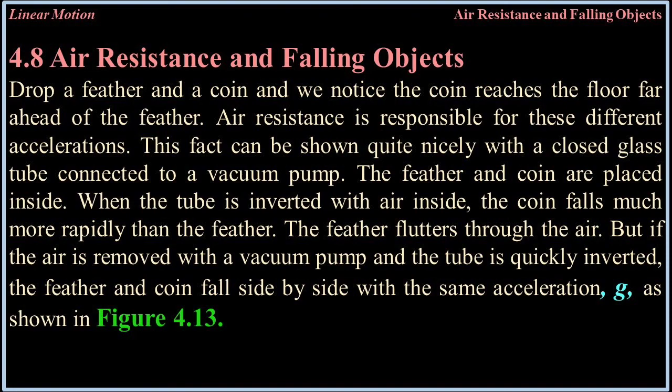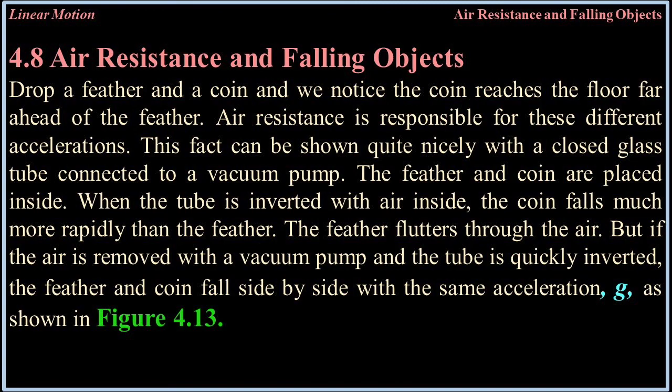4.8, air resistance and falling objects. Drop a feather and a coin, and we notice the coin reaches the floor far ahead of the feather. Air resistance is responsible for these different accelerations. This fact can be shown quite nicely with a closed glass tube connected to a vacuum pump. The feather and the coin are placed inside.